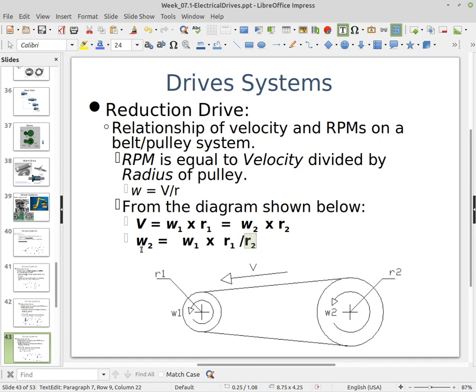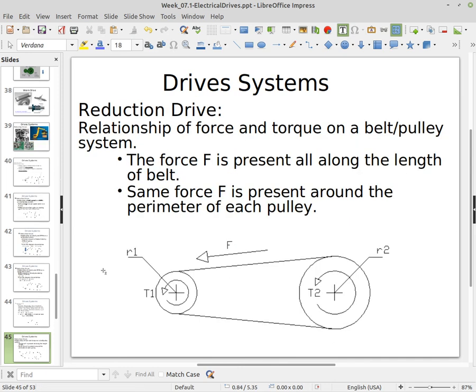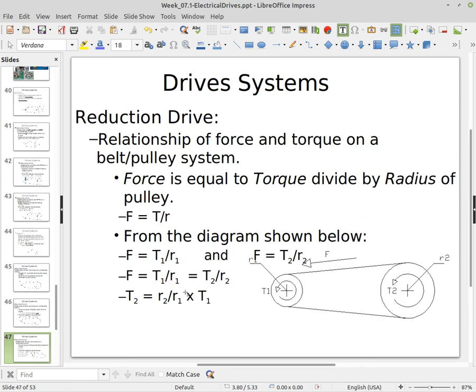So we're getting less speed but more torque. Here's the torque, which is just the flip of the ratio: the torque of the second one is equal to the radius of the second divided by the radius of the first times the torque of the first.